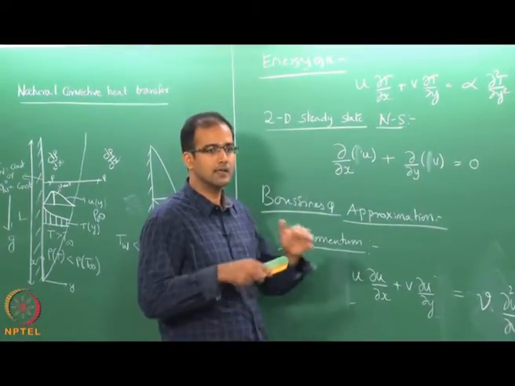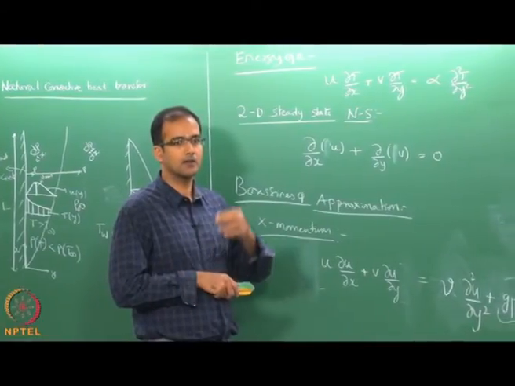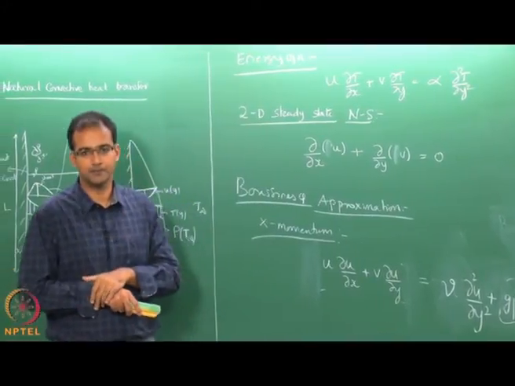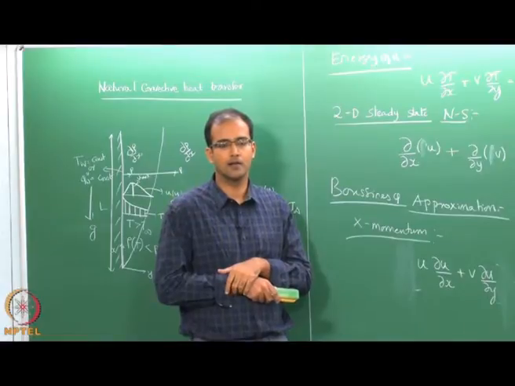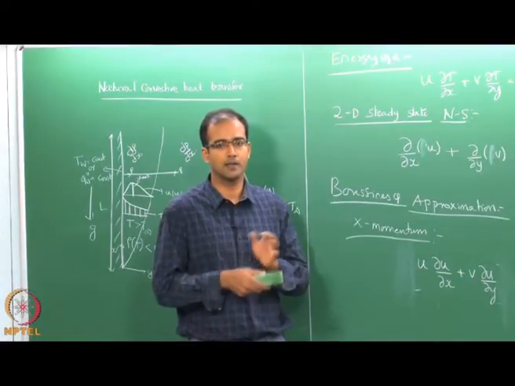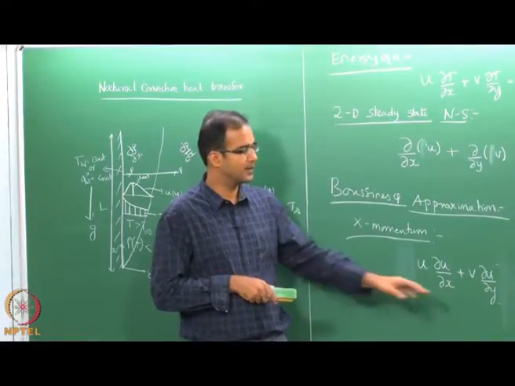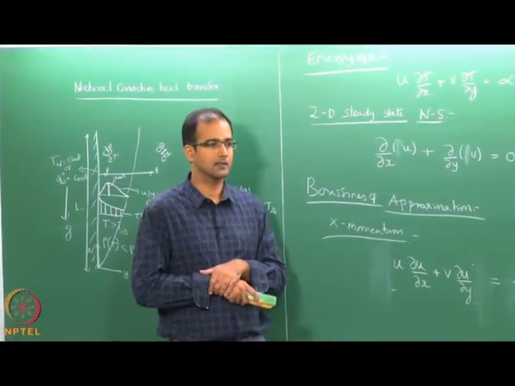Now you can see that unlike the other case where you solve the momentum equation first and get the velocity profile, this is how Blasius did. First Blasius solved the hydrodynamic part and got the velocity profile, then Pohlhausen used that to solve the energy equation. But here the velocity profile itself is coming from the temperature.